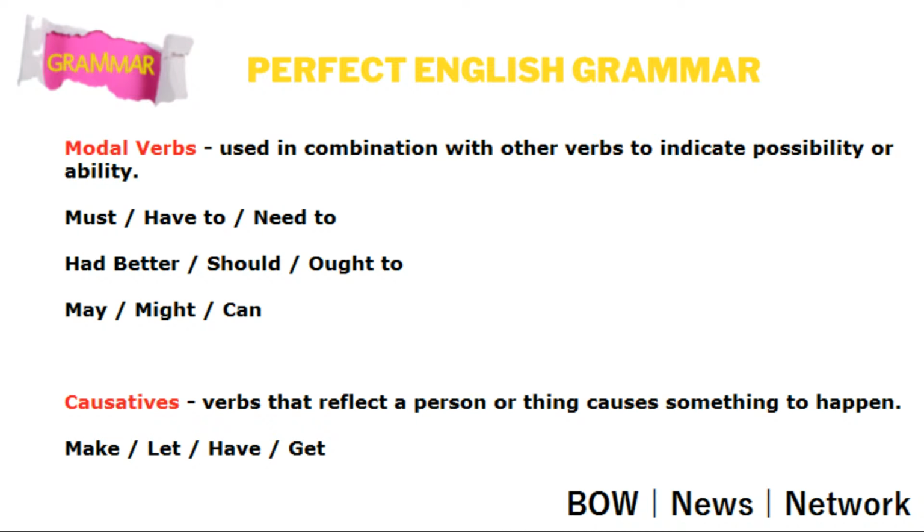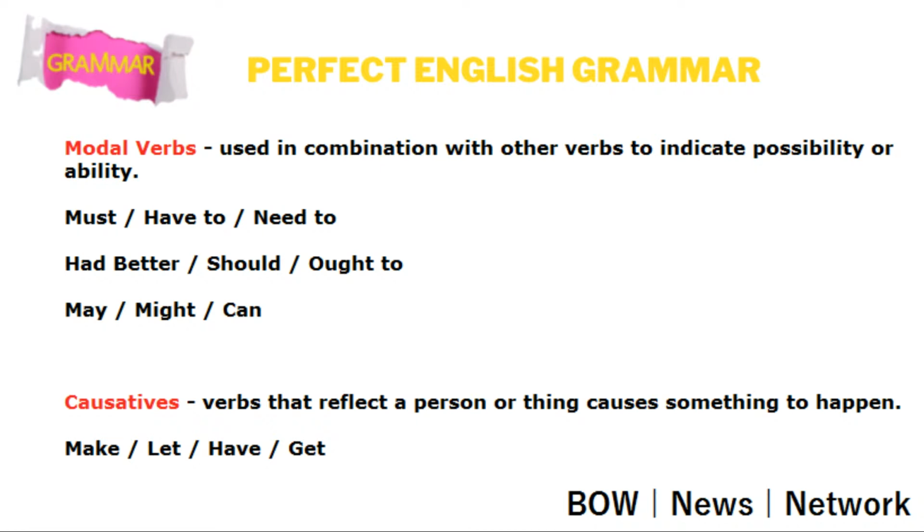These are the range of those modal verbs: must, have to, need to, had better, should, ought to, may, might, and can. And then we have causatives, verbs that reflect a person or thing causing something to happen. We take a look at make, let, have, and get.